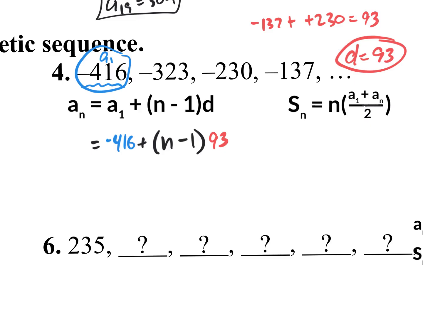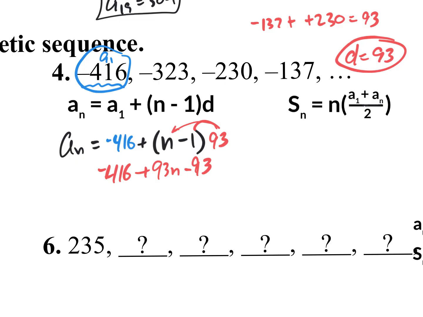Anyway, now that we have the a sub 1 and the common difference D, we're going to be able to write the a sub nth rule. All you got to do is some math, and you could use a calculator. 93 times n is 93n minus 93, because 93 times 1 is also 93 with a minus sign. Bring down the plus, minus 416.